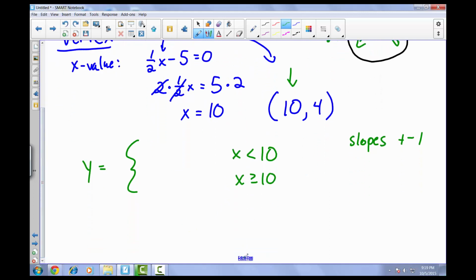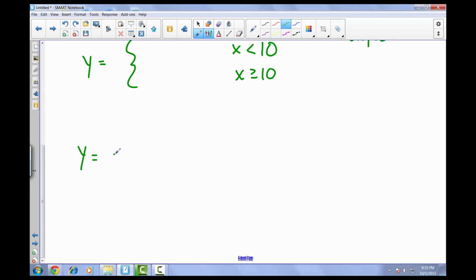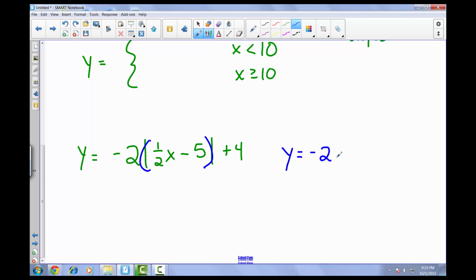So again, our original function is y equals -2 times the absolute value of 1/2 x minus 5, plus 4. What we're going to do is pretty much just, instead of these absolute value bars, throw a set of parentheses around them. And then for the other one, we have y is equal to -2 times (1/2 x minus 5) plus 4.